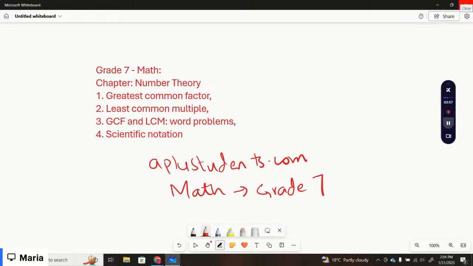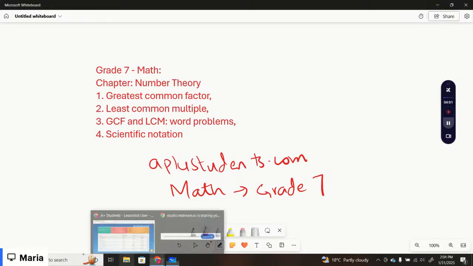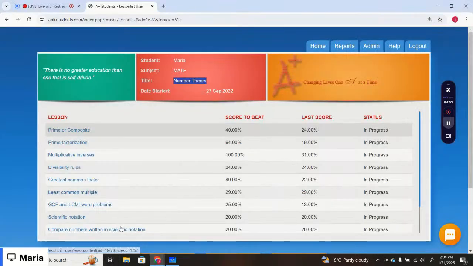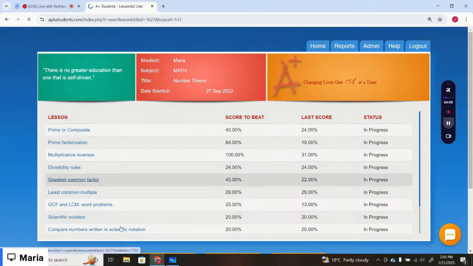So please make sure you have your notebook and pencil so that you can note down the important examples and definitions as well. Here I am on chapter number 3. Let's just start with the lesson that is greatest common factor.